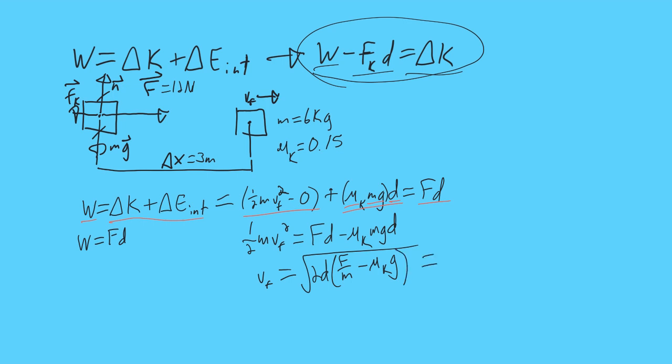When we plug in our numbers and we get everything, you should find you have an answer of 1.8 meters per second. So either way, using this equation here or this equation here will get you the final answer. It seems like this one, since we already had K all by itself, which is going to have your velocity, this might have been a better way to start off the problem. But using the other equation works as well.